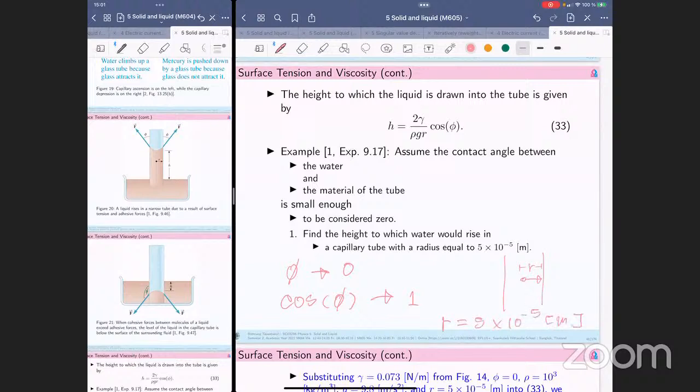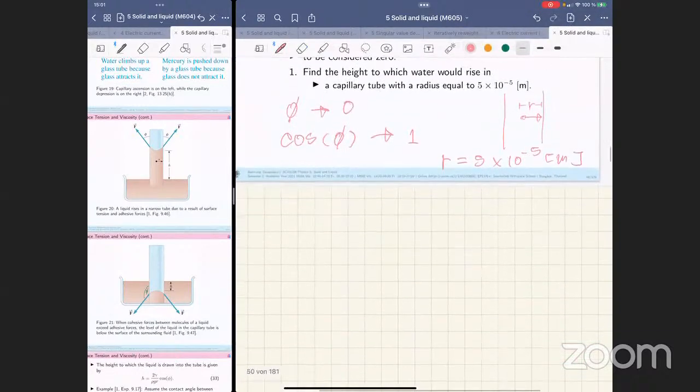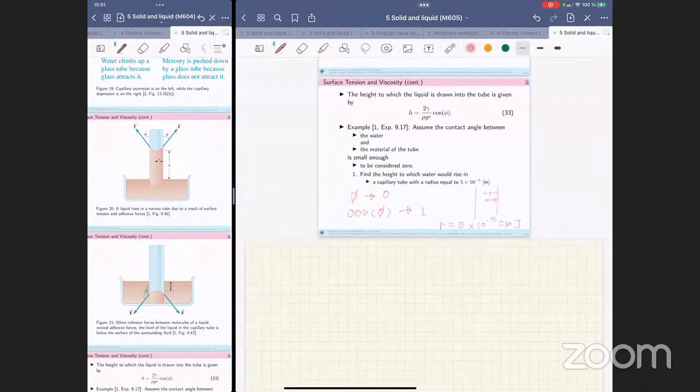It's very, very tiny, right? Assume that we stay on Earth, right? So the gravitational acceleration on Earth is 9.8, right? Let's summarize that.